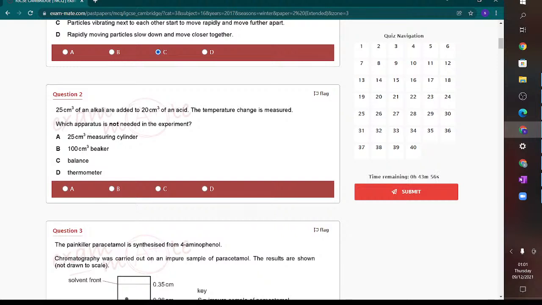We need a measuring cylinder to measure 25 cm³ of an alkali and 20 cm³ of an acid, the same measuring cylinder. Which is not needed? We do not need a balance because we are not measuring mass here.